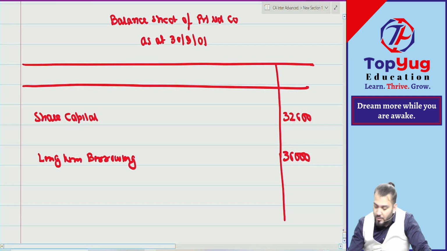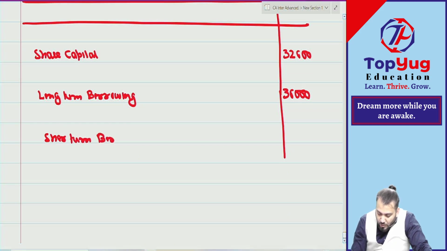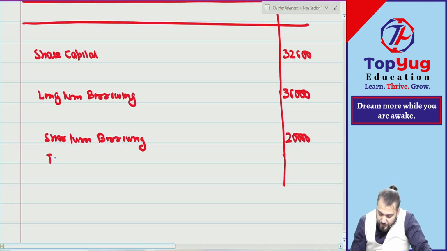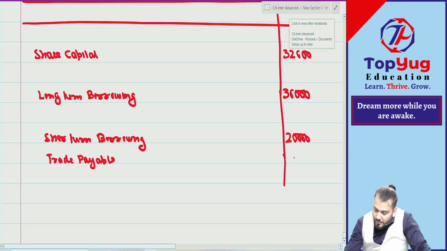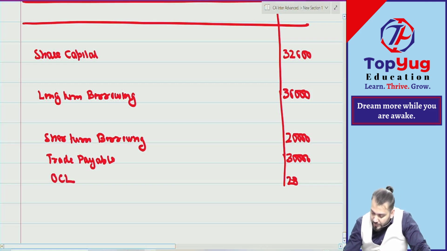How much? Amount? 36,000. Then current liability. So any short-term borrowing? Bank overdraft. How much? 20,000. Then any trade payable? It is 30,000. Any other current liability? 28,000. I hope you are understanding.